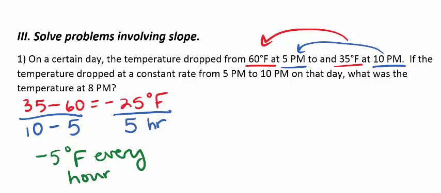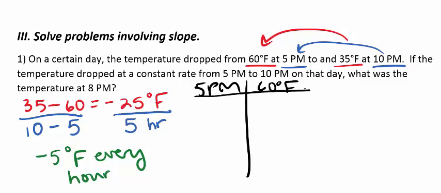We're going to go ahead and chart this out and see the temperature at every hour. So at 5 p.m. the temperature is 60 degrees Fahrenheit. Then at 6 p.m. it dropped 5 degrees, so we're down to 55 degrees Fahrenheit.